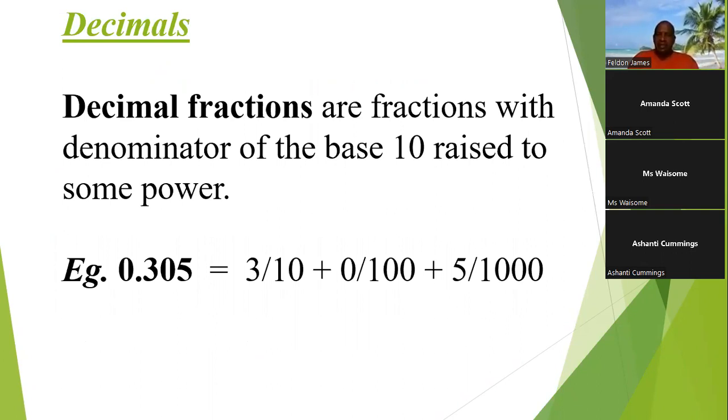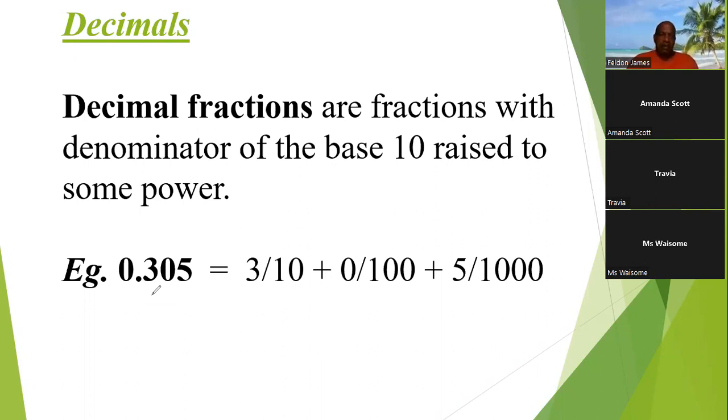Looking at this example now, as opposed to the one that we just saw, what do we notice about these numbers in the decimal number? They come after the what? They come after the point. Decimal. And we call that point the decimal point.